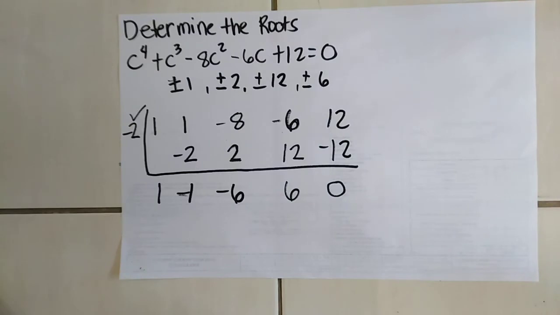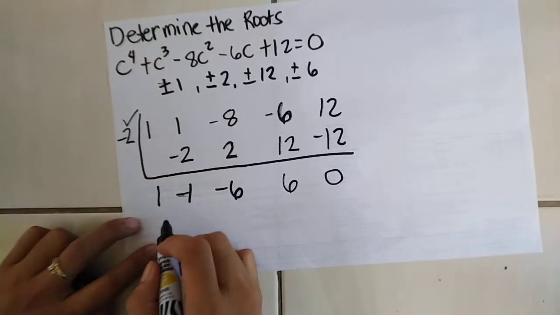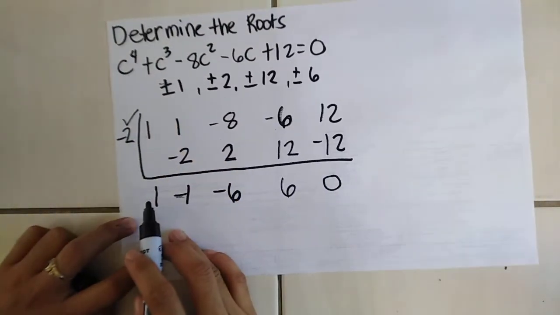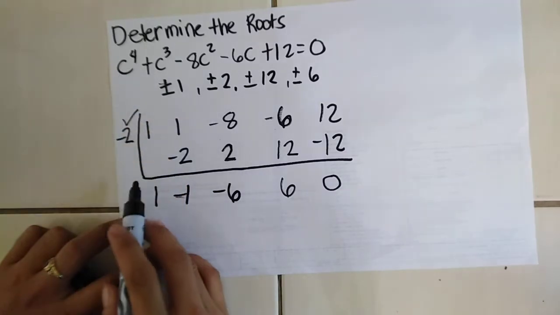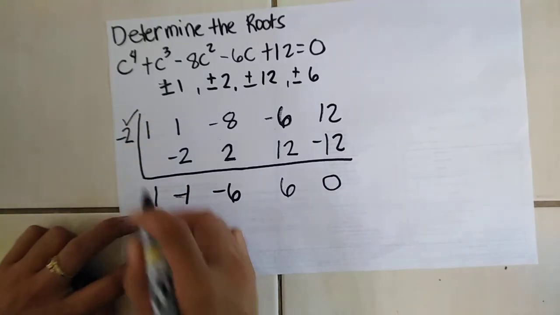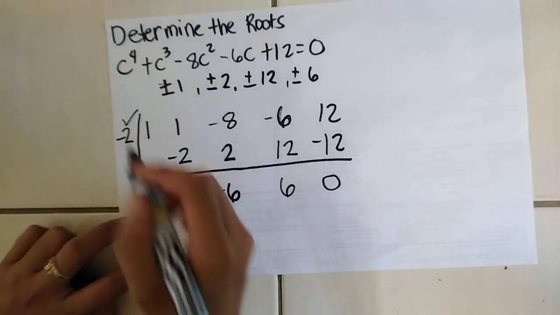It is a root. Okay, next, let's write the depressed equation or depressed polynomial. C to the fourth reduced by 1 is just 3.